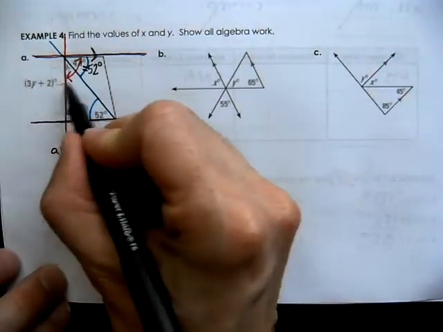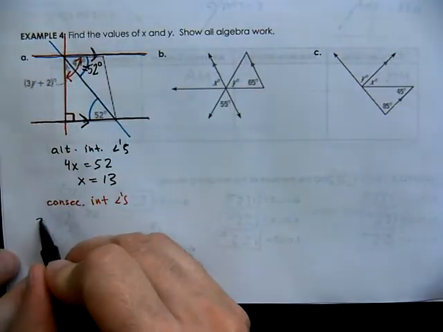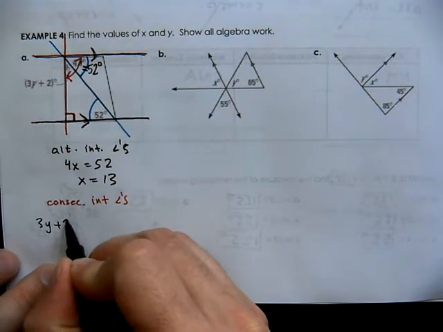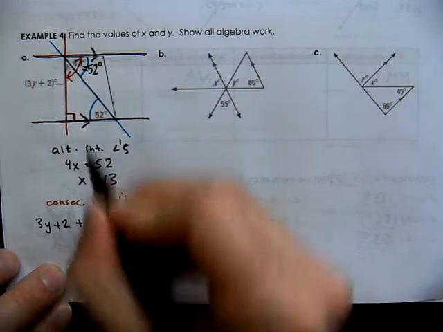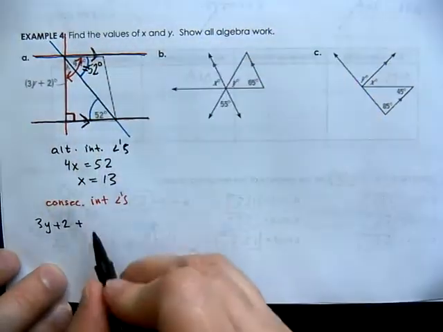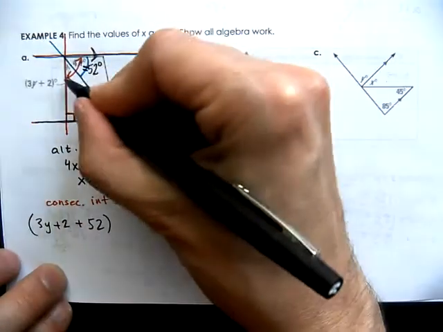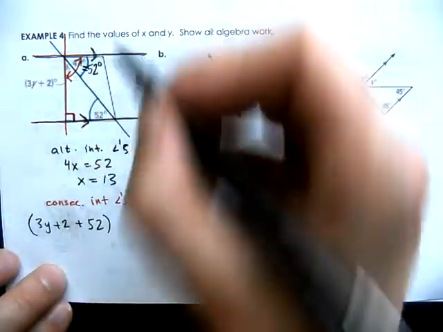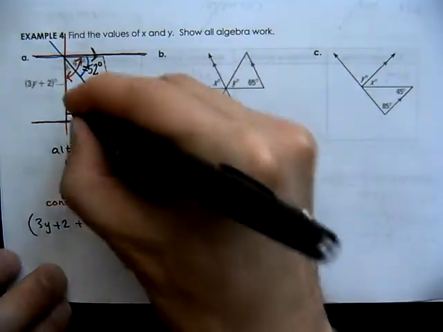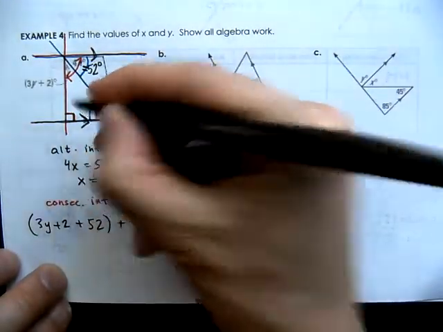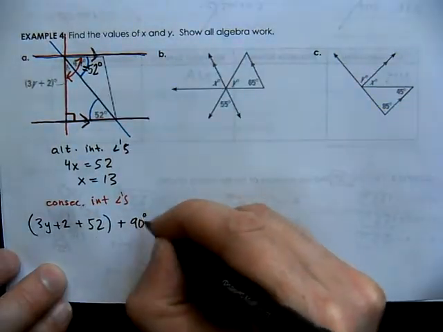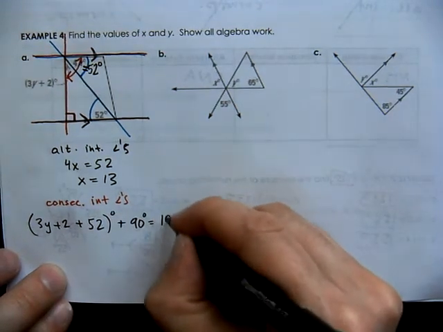So we have this angle at the top, which is really a combination of the 3y plus 2 and the 52 degree angle. All of that is the angle at the top, those two small angles added together. And then we have its consecutive interior pair, this right angle, and they add up to 180.